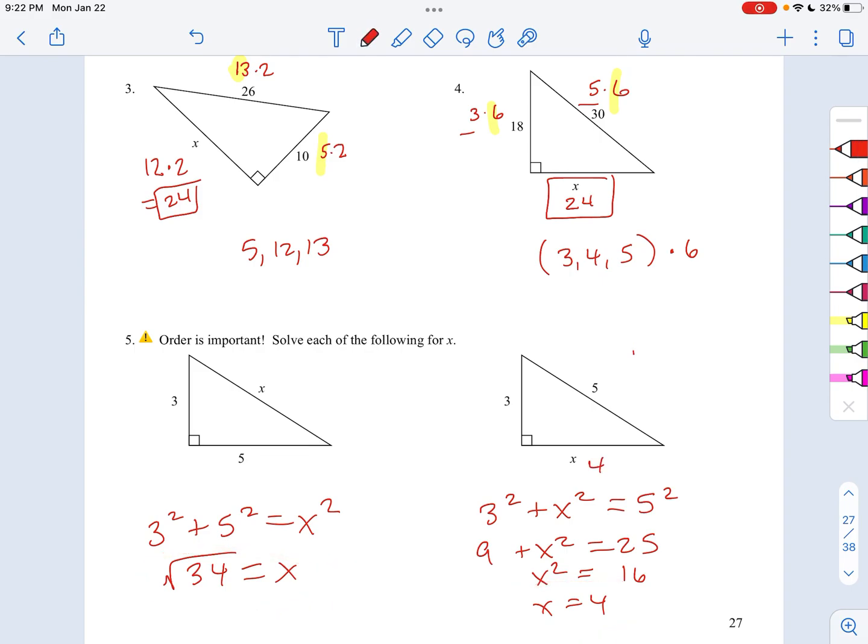Which goes to show that here we could use a triple, because everything was in the right position. 5 was in the hypotenuse. But here we could not use a triple. Why? Even though it has the same set of numbers, a 3 and a 5, the 5 is in the wrong spot. If this was going to be the triple, the 5 would have to be in the hypotenuse, but it's not. So that tells us that the triple does not apply here.